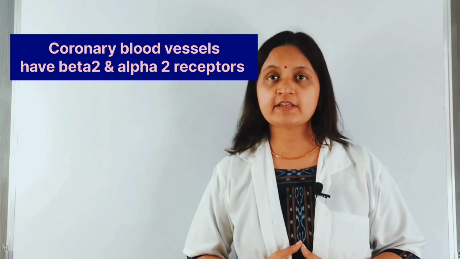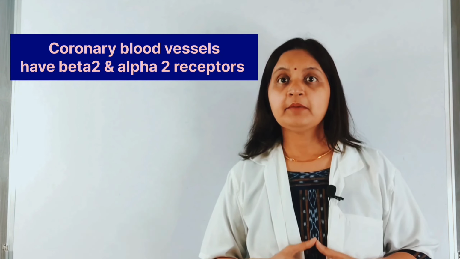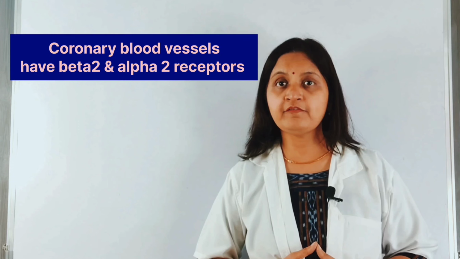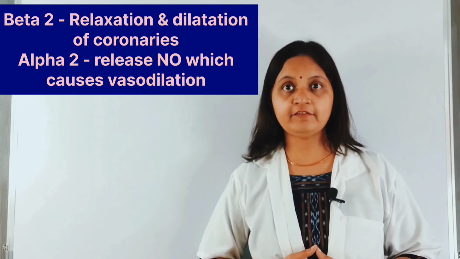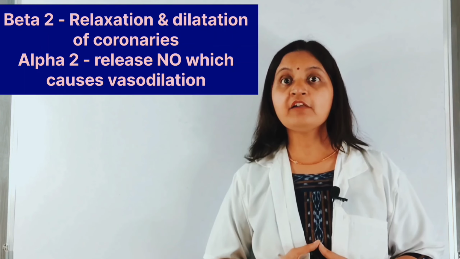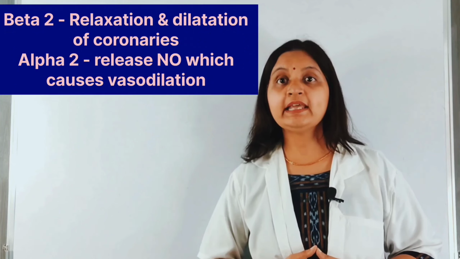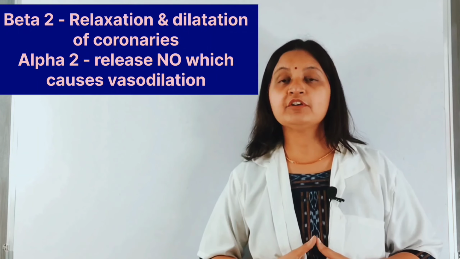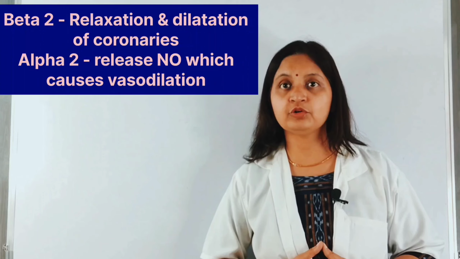The coronary blood vessels have beta-2 and alpha-2 receptors. Beta-2 receptor is responsible for dilatation of the coronary arteries and helps to maintain the blood flow, while alpha-2 receptors present in the endothelial cells of the artery release nitric oxide, which causes vasodilatation and helps to maintain the blood flow to the heart.